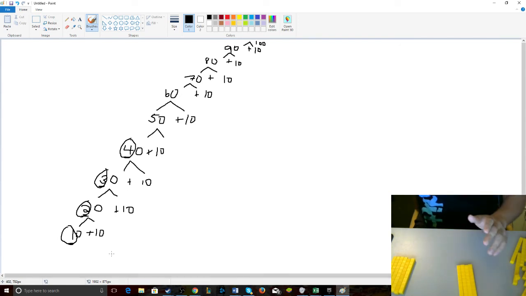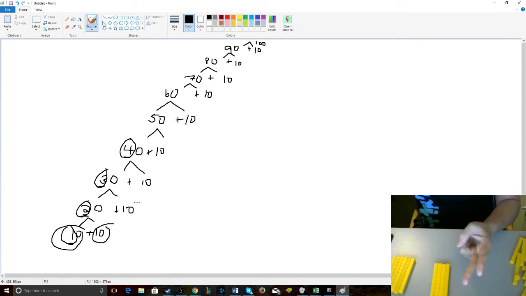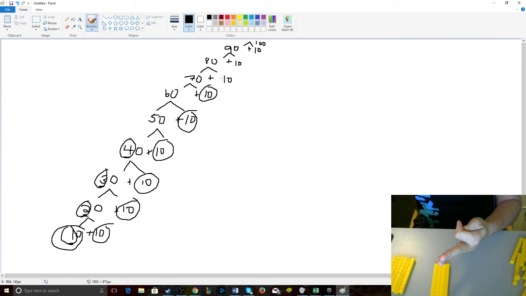Alright, and the way that we check this is we count the amount of tens that we added. So we have 1 ten here, another 10 here, so that's 2, 3, 4, 5, 6, 7, 8, 9, and 10. So we have 10 times where we added 10.